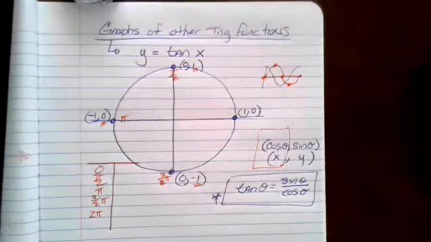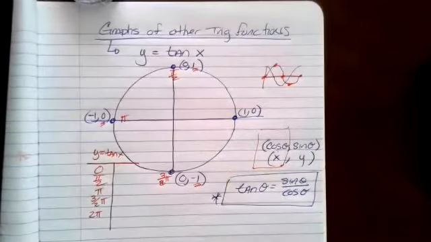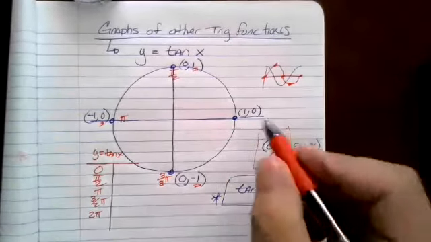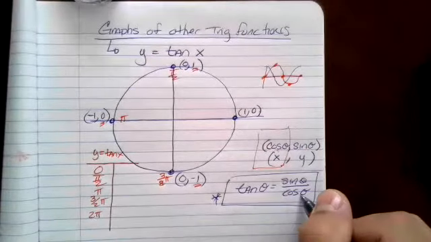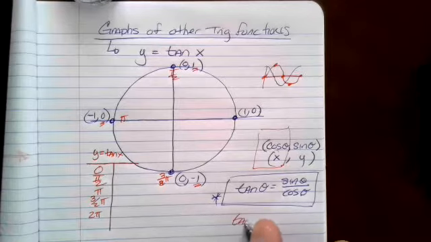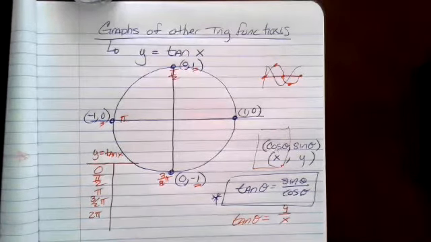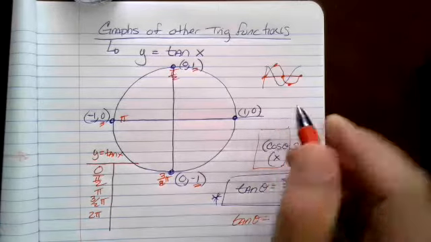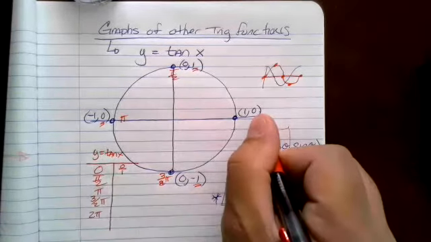Now, if we're looking at our tan, y equals tan x, which would be our sine value over our cosine value. So tan of theta is equal to my y over my x. So at 0 degrees, it's going to be 0 over 1.